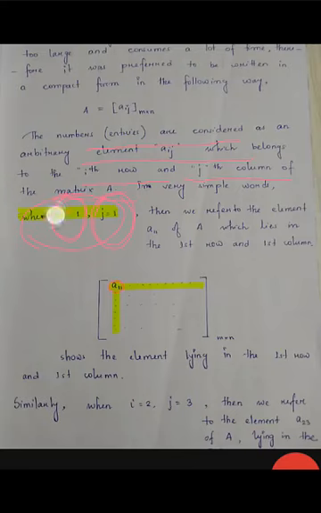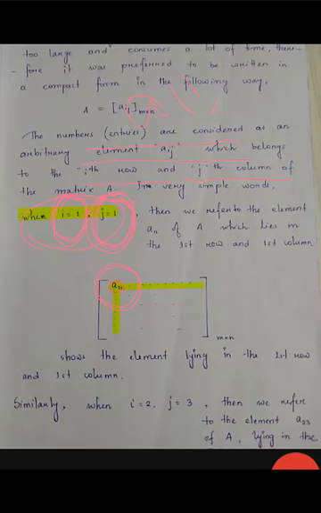So when the value of i is equal to 1 and j is also equal to 1, we can refer to the element A11. Why so?